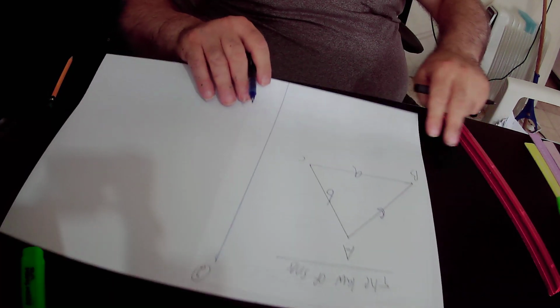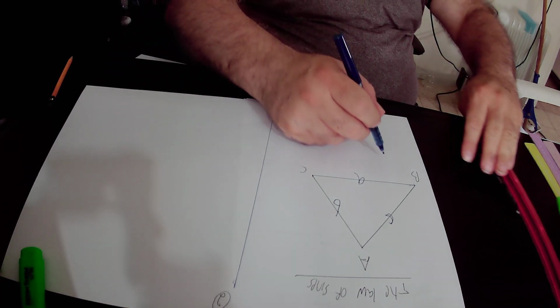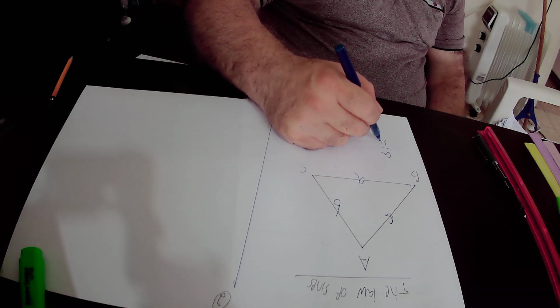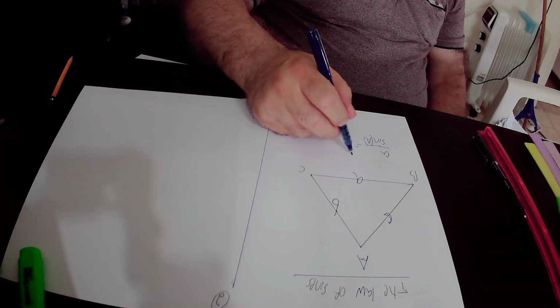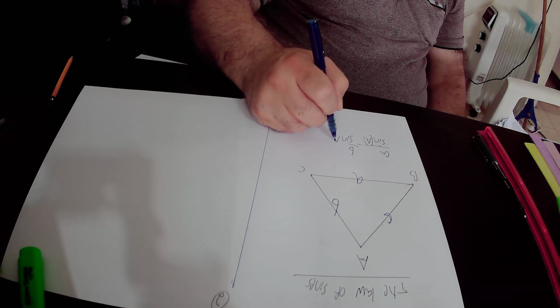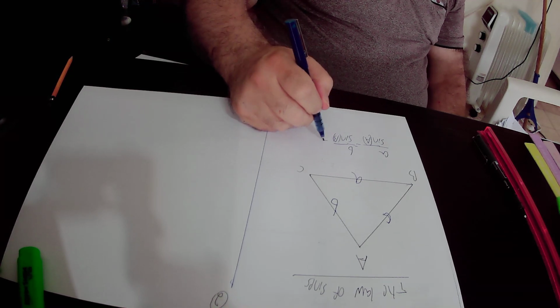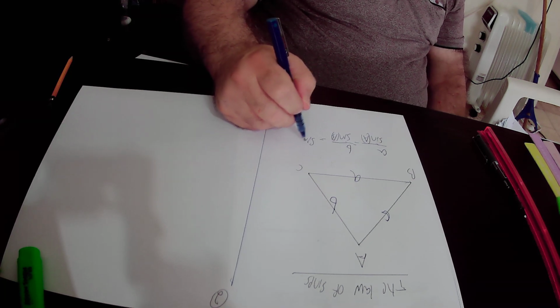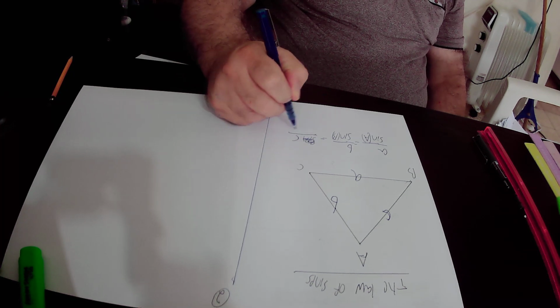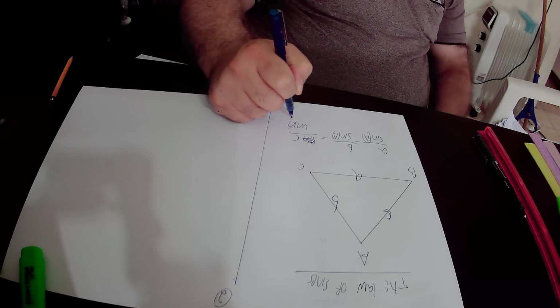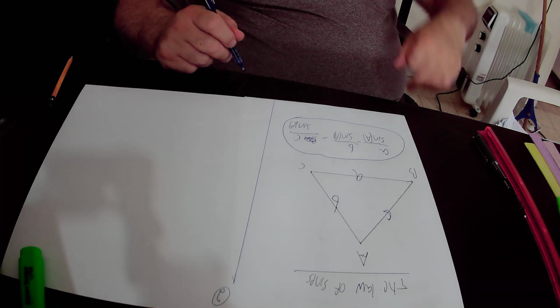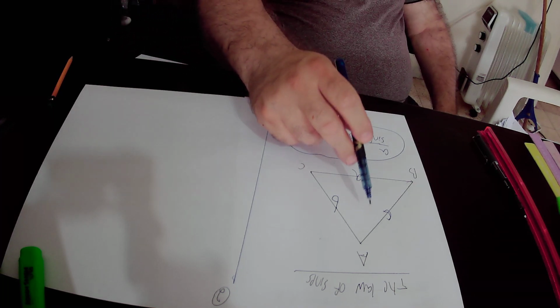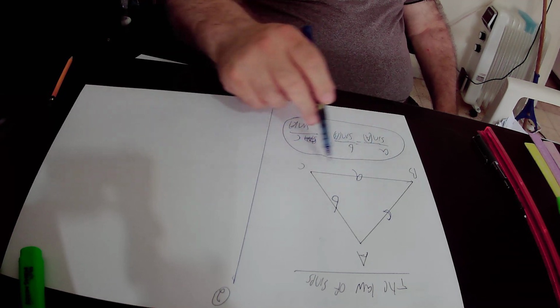Then according to the law of sines, we get that A over sine A equals B over sine B equals C over sine C. I repeat again, in any triangle, A over sine A equals B over sine B equals C over sine C.